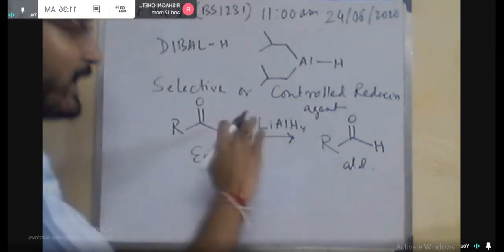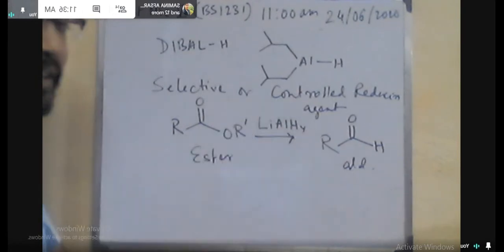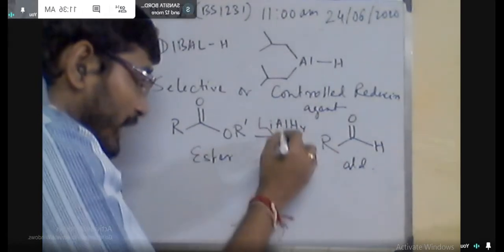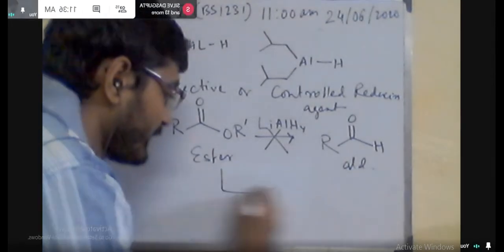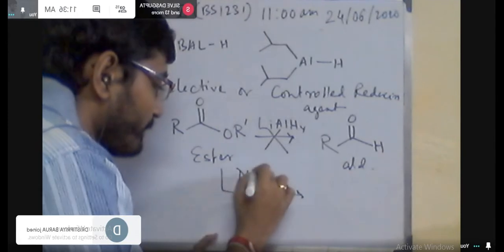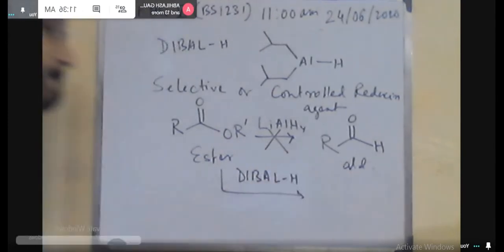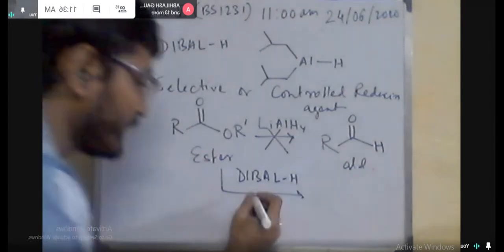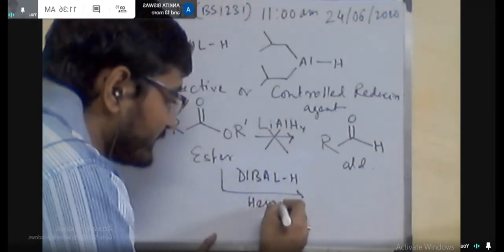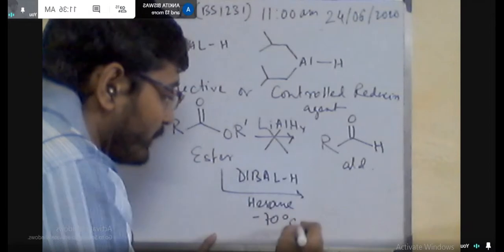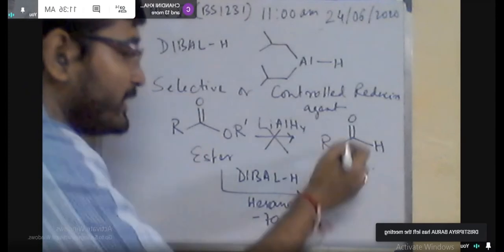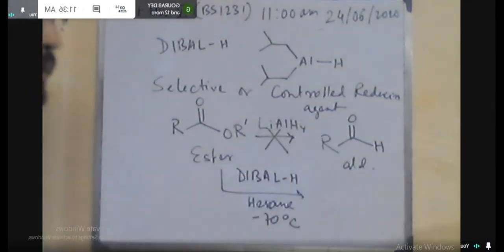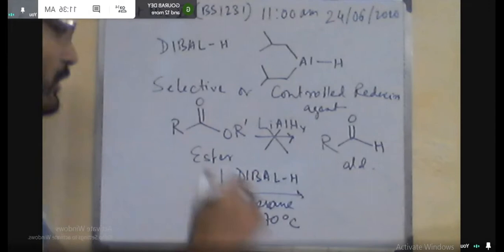So if this is the ester, by using aluminium hydride, here in this step, this is the isobutyl group, and you know aluminium is the Lewis acidic center, but it can also act as a Lewis base because it can donate a lone pair of electrons.